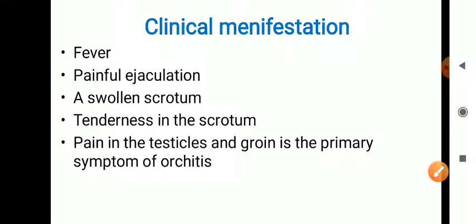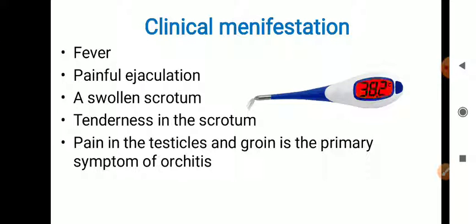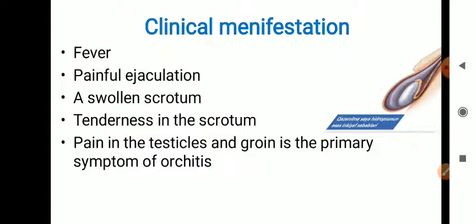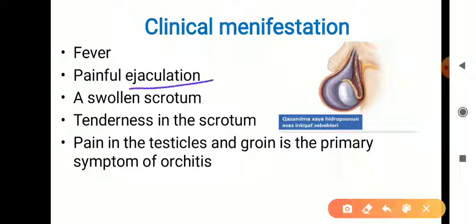Next, these are the signs and symptoms of orchitis. So of any infection, fever is the most common and first sign and symptom. Second one is painful ejaculation. The patient used to have pain during ejaculation.